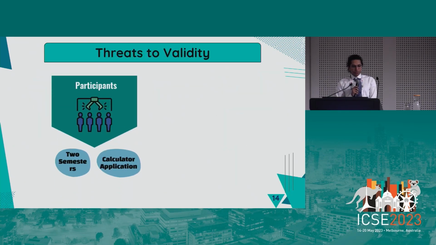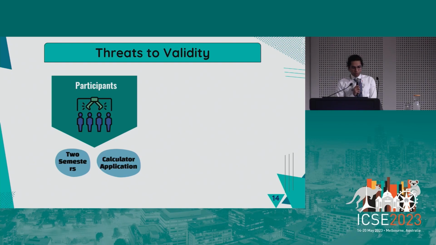So our threats to validity here: the participants were limited to one university, so we applied the study for two semesters in order to avoid this bias. We also selected a simple project, a calculator, so they are familiar with the type of project and not overwhelmed with the features and implementation.